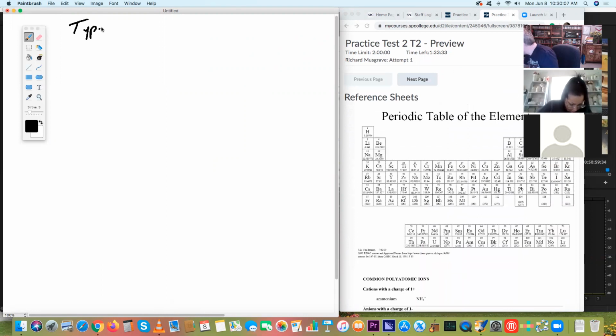Type 1, we'll leave this here for reference, is going to be group 1, group 2, or aluminum. And that's it. That's all you really need to be aware of. We're focused on metals and non-metals. Well, at the present time, we can see that Fe is a metal, right? Mm-hmm. And that's all we need to know right now.